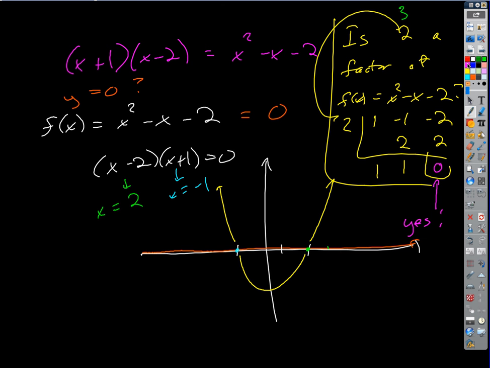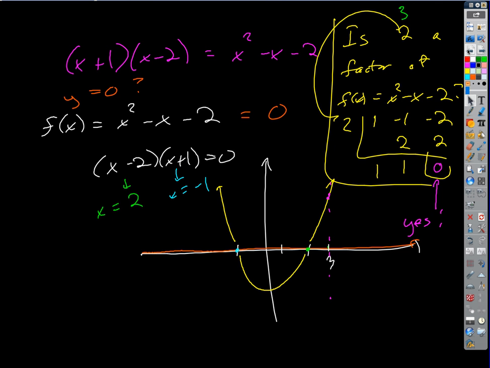Because out at 3, the value of the function is not 0, is it? So if that's not an x-intercept, then x minus 3 can't be a factor. That's a lot of stuff I just threw at you there. None of it's new. We didn't do anything new. None of the processes were new. But you kind of see the value of that, right?